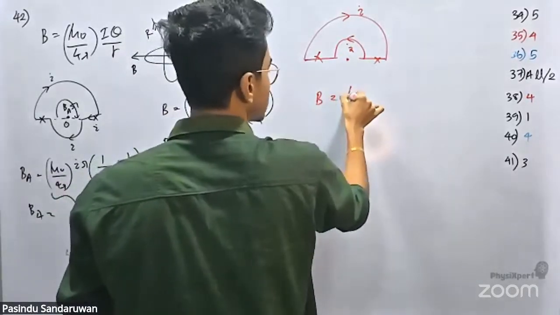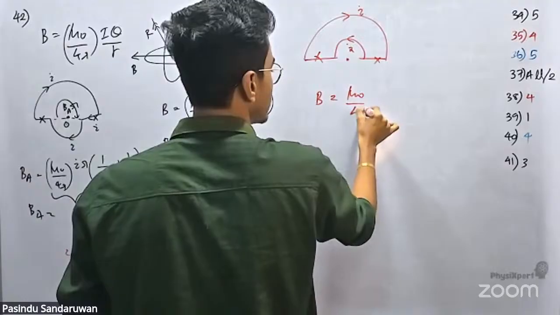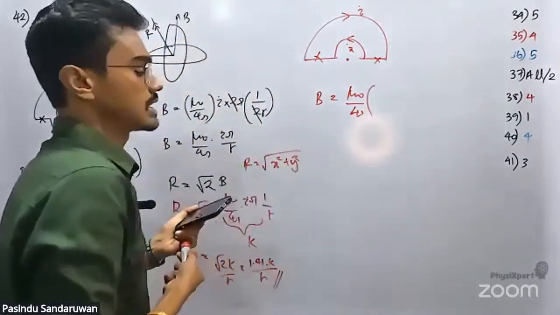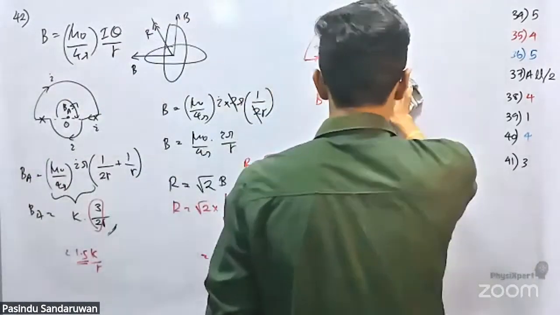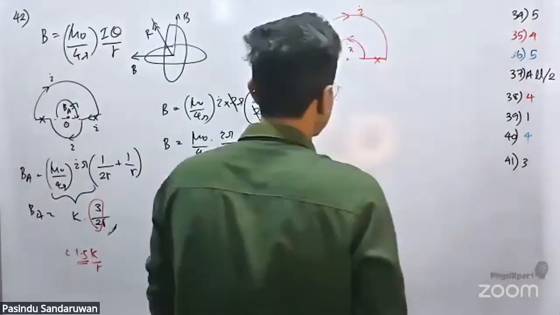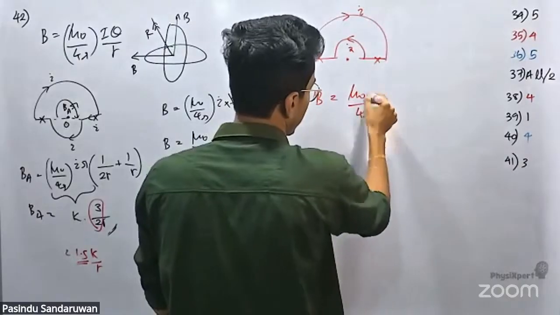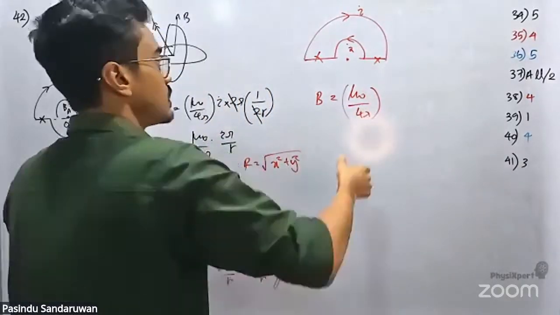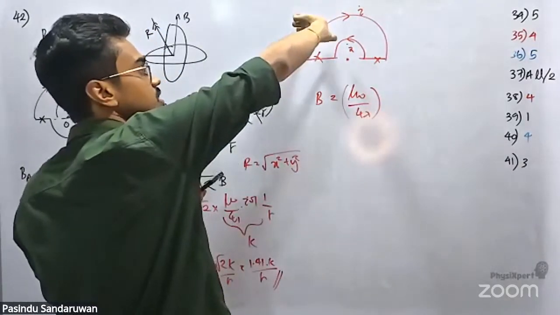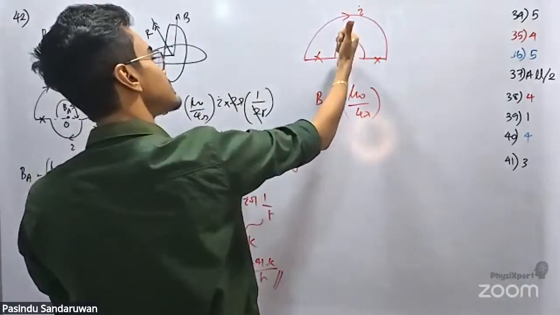B equals, now mu naught over 4 pi. Check directions first. Now from this outer loop, it is cross. From the inner loop, there is dot.